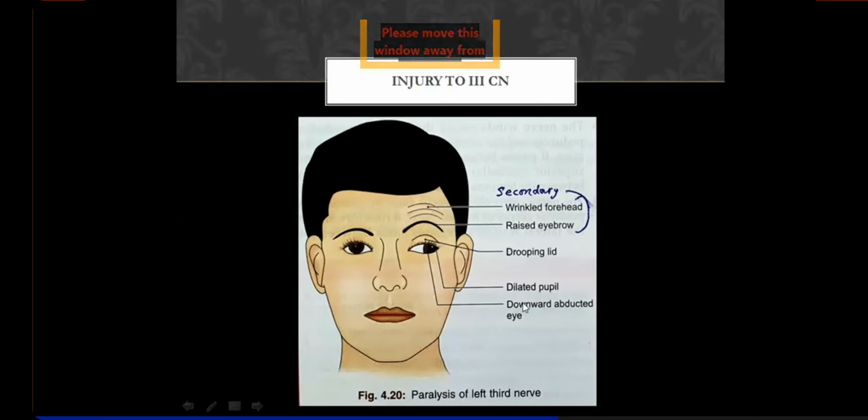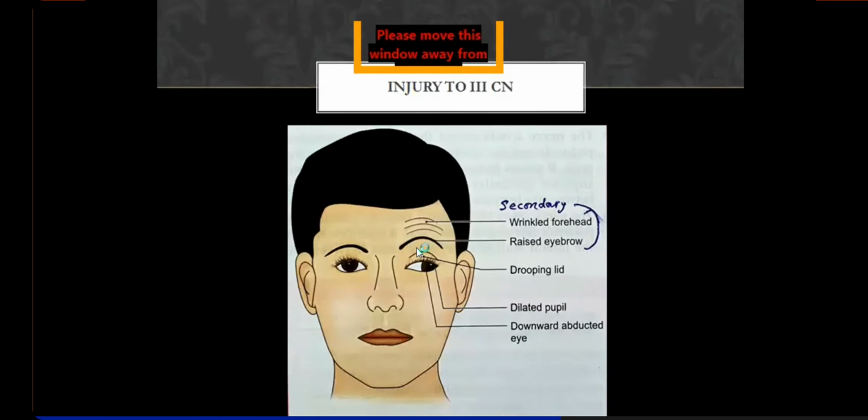And the secondary symptoms will be that, because of the habit to elevate the upper eyelid on the affected side, he will use his frontalis muscle to elevate the eyelid, and that's why you will find that there will be wrinkles and raised eyebrows on the affected side.